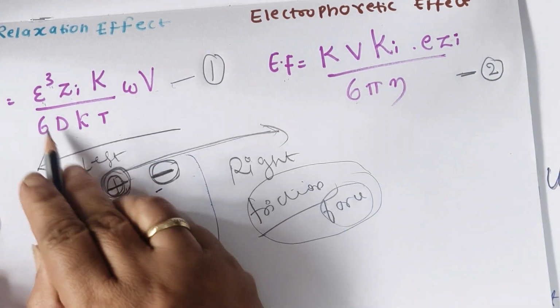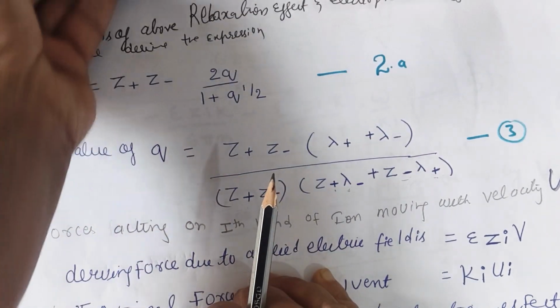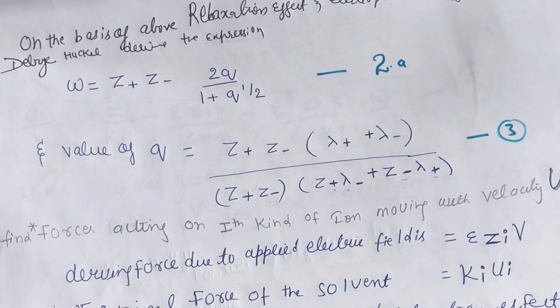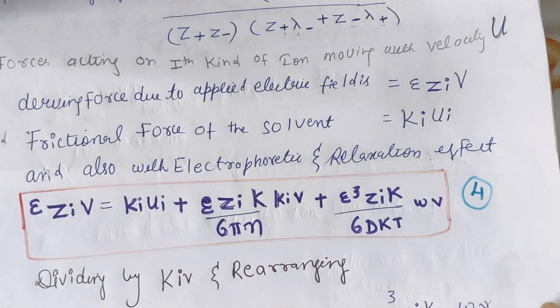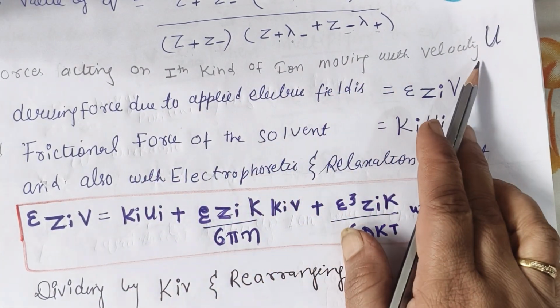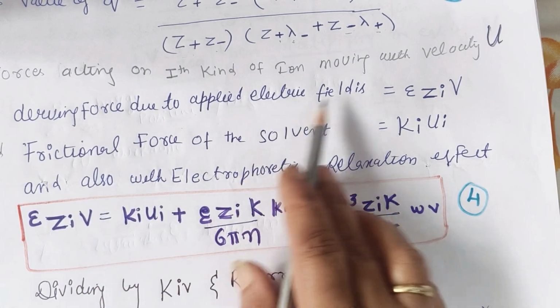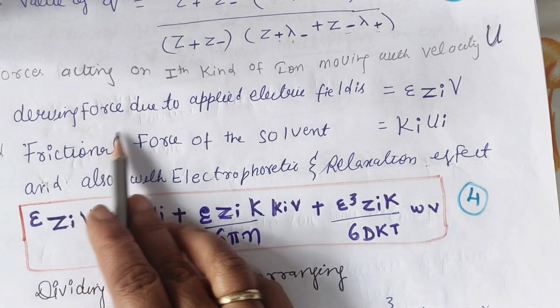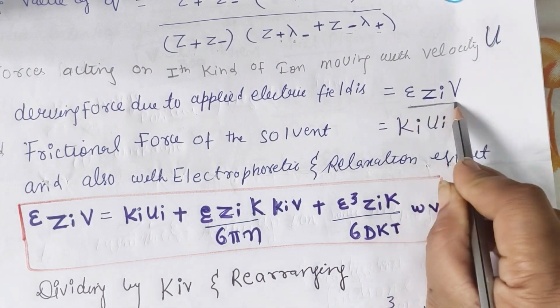We have to use both the factors, the relaxation factor and the electrophoretic factor. So now what they are saying is that when we are talking about the force acting on the particular ions moving with the velocity u, there should be some driving force due to the applied electric field, and this driving force is given by epsilon Zi.